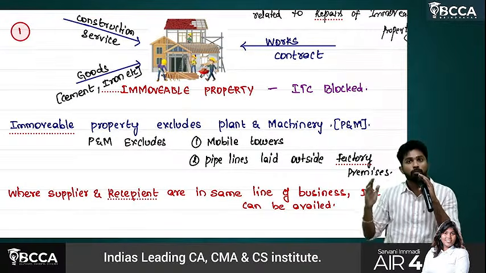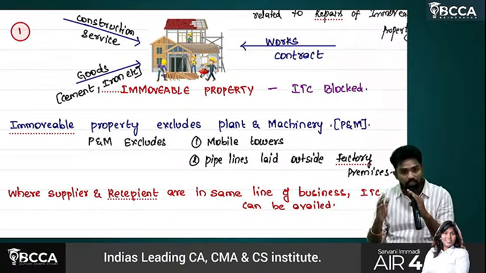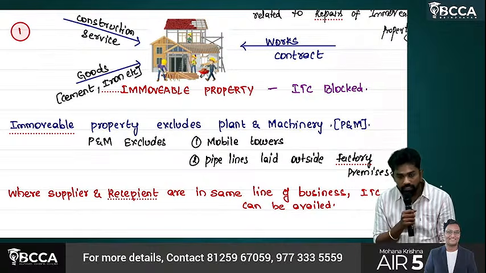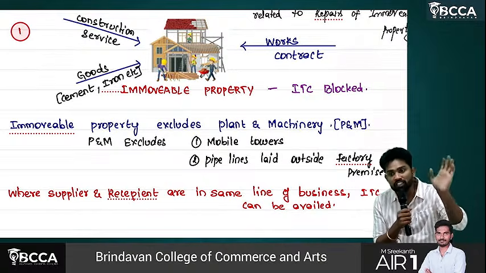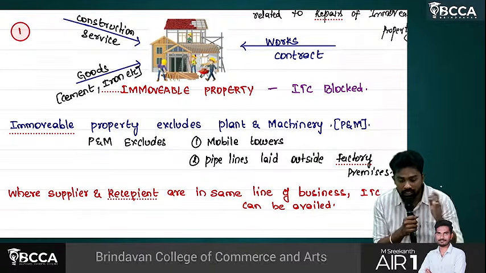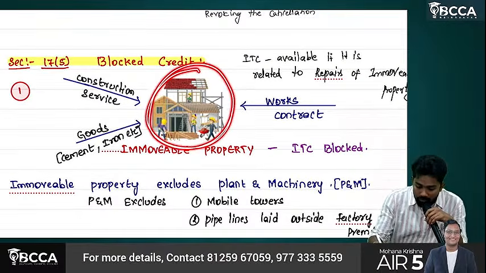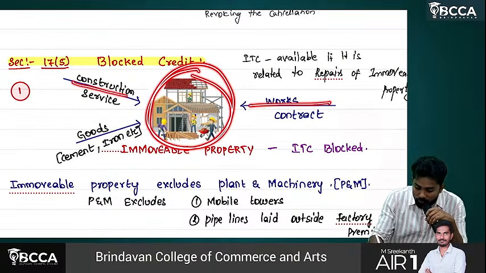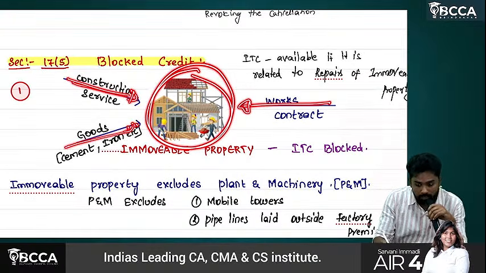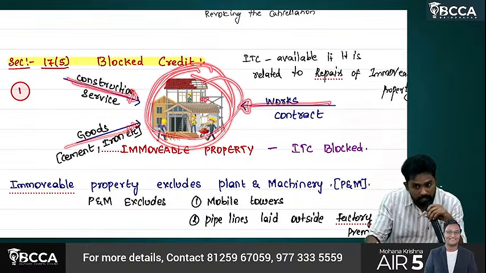So if there are mobile towers constructed or installed, on them you will not get ITC. If there are any pipelines laid outside factory premises, on them also you cannot get ITC. So understand, sir, on immovable property, whether you took works contract service, construction service or goods separately, on both you will not get ITC.